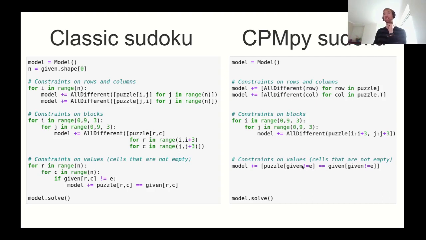So that's a selector. We apply this selector both on puzzle and on given, which means that the two will be tensors of the same dimension. And then we say that the ones that remain, the ones that are true, they have to be equal to each other, these individual variables. So this works nicely. You don't have to write out the loops.